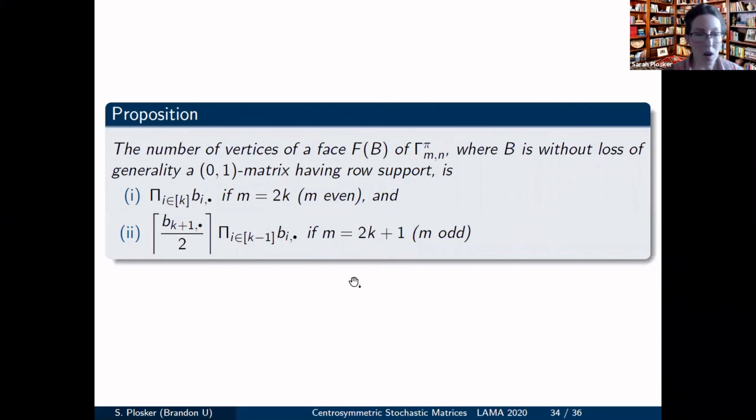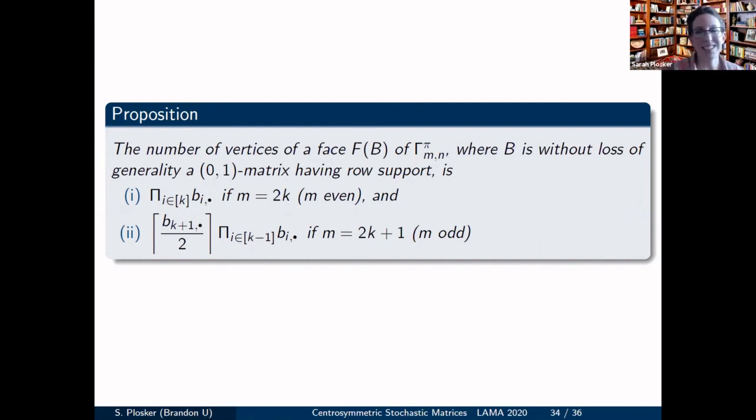If m is odd, you take the row sums up to not quite half.